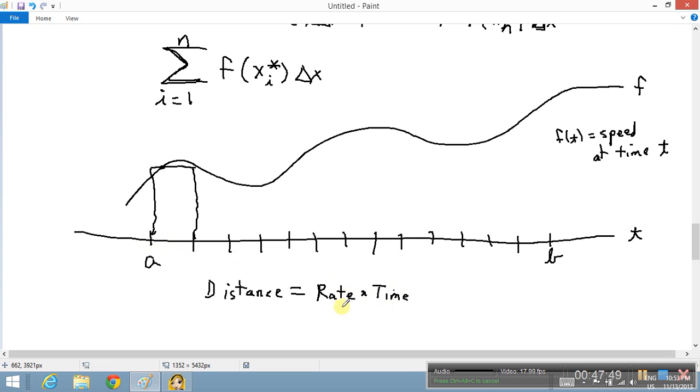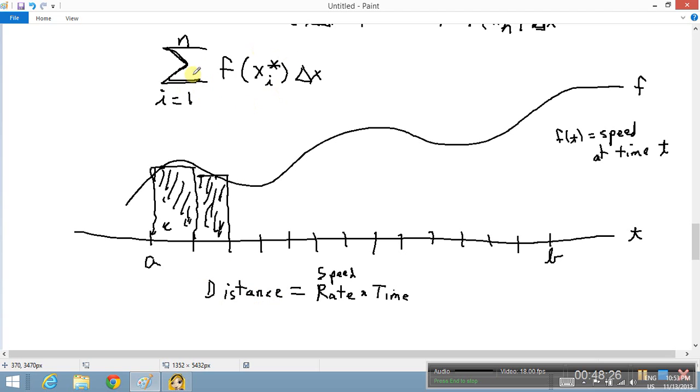Speed means rate, times time, you're going to get distance, which means this is the distance that you've traveled over this first subinterval. Well, not exactly, but not too far off. You're slopped under and over a little bit. But then if you do the same thing on the next subinterval, just plug in some random number and use that as your y value, left endpoint, right endpoint, doesn't matter. What you're getting is an approximation for the total distance that you're traveling.